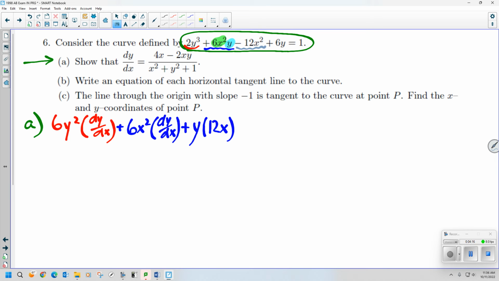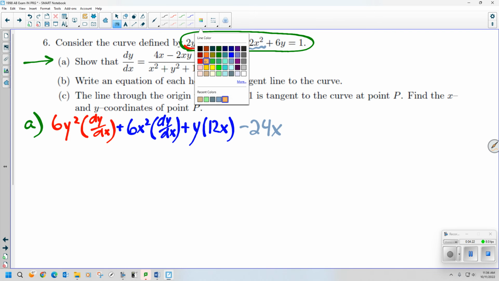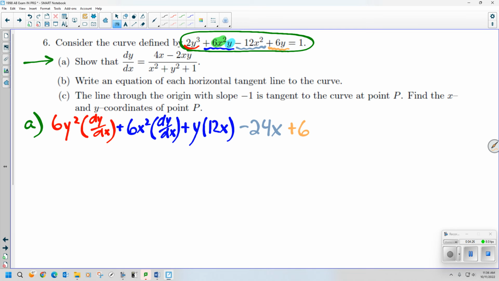The derivative of minus 12x squared is minus 24x. And the derivative of the last term, 6y, is just 6 dy dx. Oh, by the way, the derivative of any constant is 0. I don't know why my students always forget to take the derivative of that last term, of both sides.